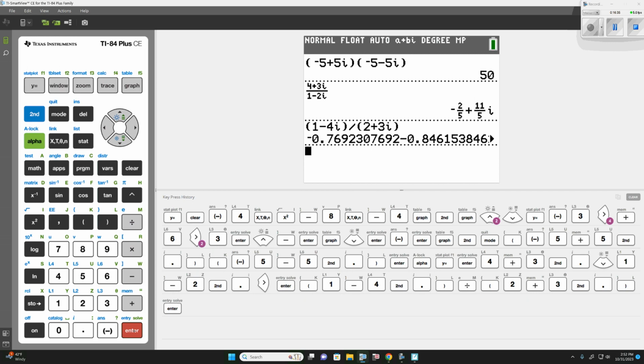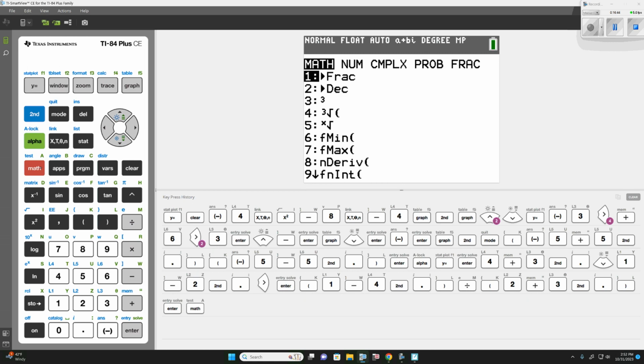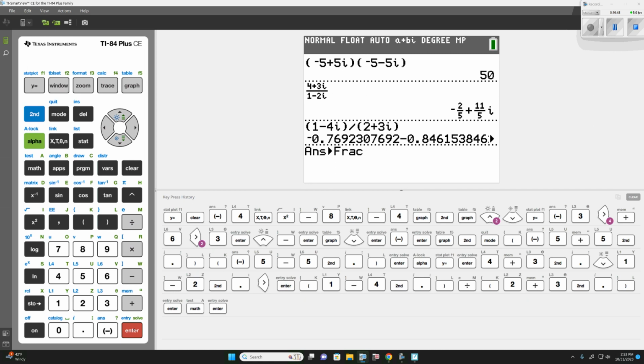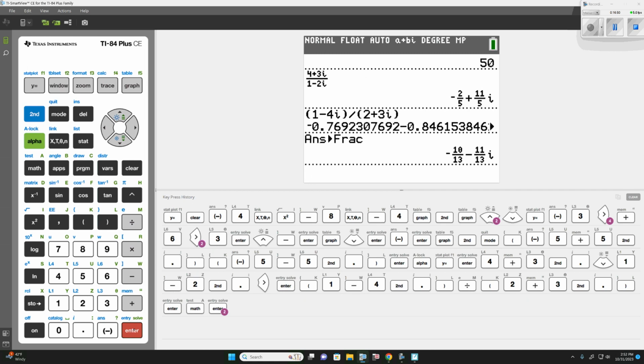Math, enter. Because we want it as fractions, not as decimals. Because if we hit math, the first one is fraction. Enter gives us this here. Math, enter.